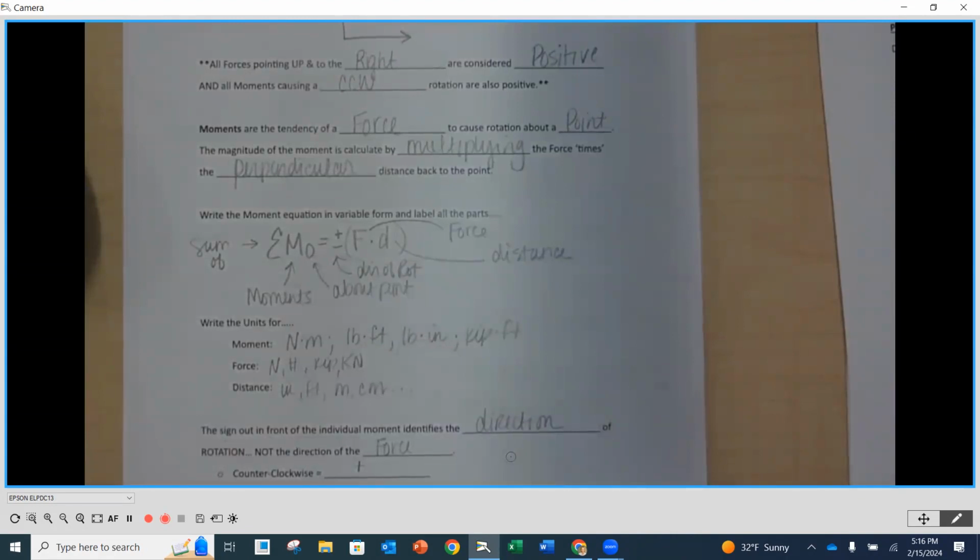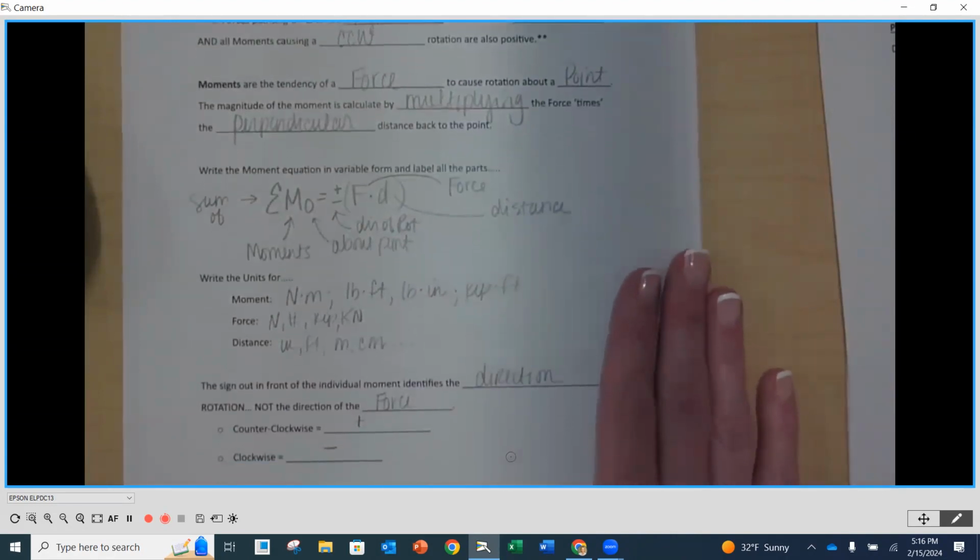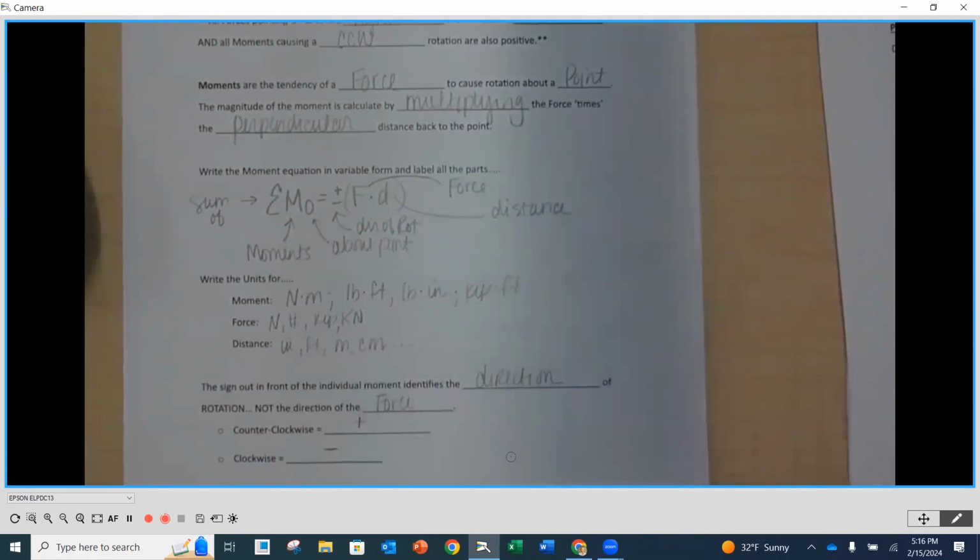That's summing forces. Then the units that we're going to see for moment, because it's force times distance, are newtons times meters, or pounds times feet, or kips times feet, or pounds times inches. So always force times distance.